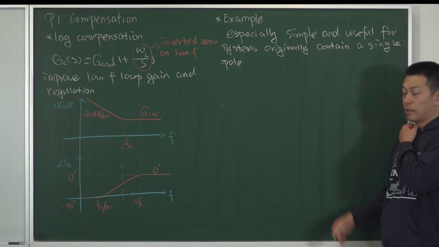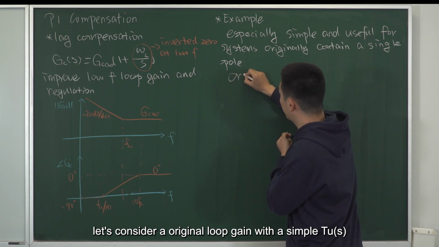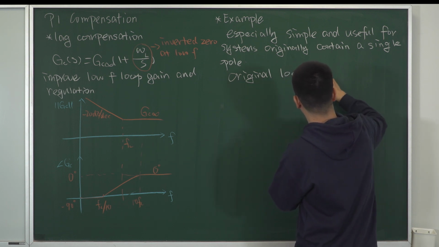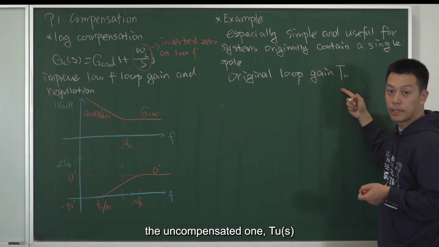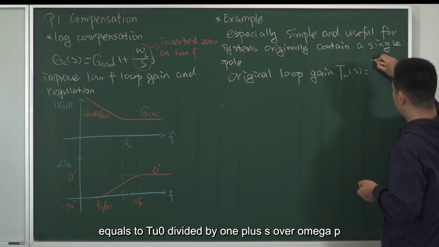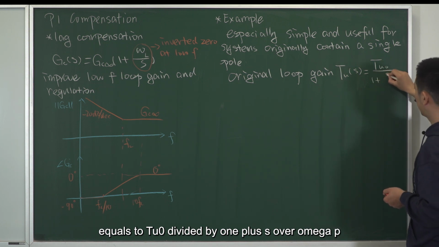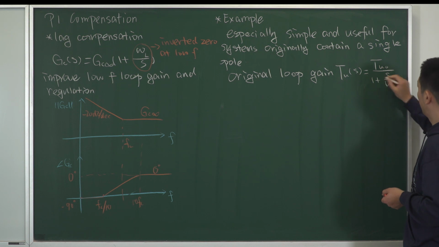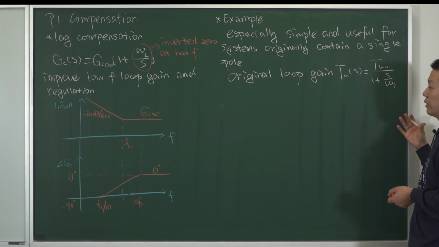So, for example, let's consider an original loop gain with a single pole. The uncompensated TU equals TU0 divided by 1 plus s over omega P. So this is a single pole response for the uncompensated system.